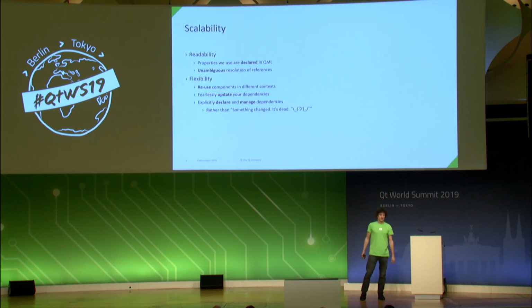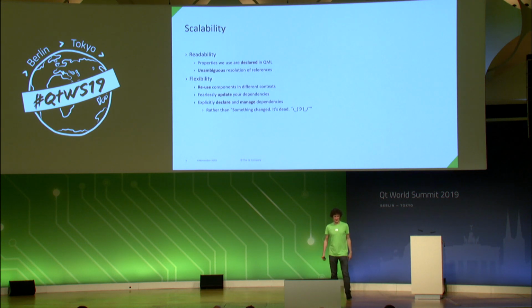Your code will be more readable. By just looking at your QML document, you will know what each property means or each reference means. There won't be any magic properties injected from the context anymore, for example, or the same name being in multiple objects, and you don't know which one that name refers to, actually.